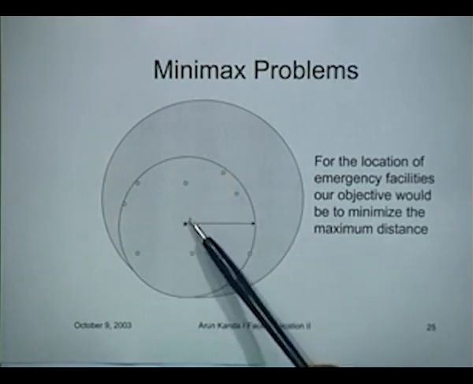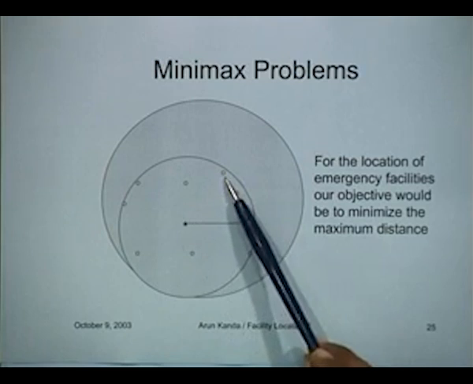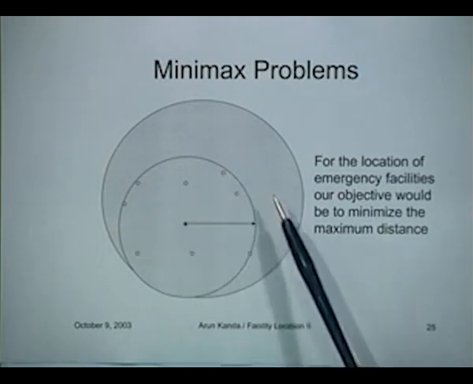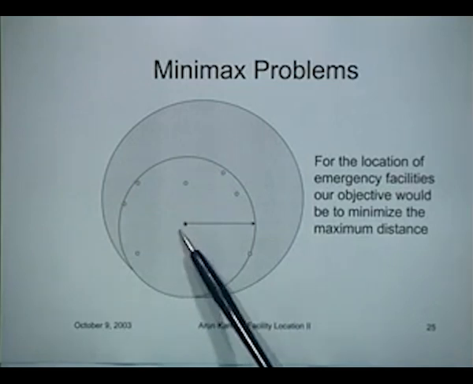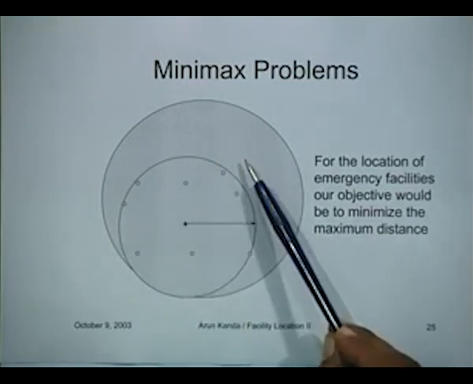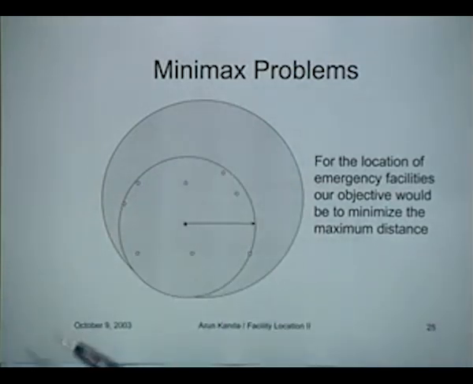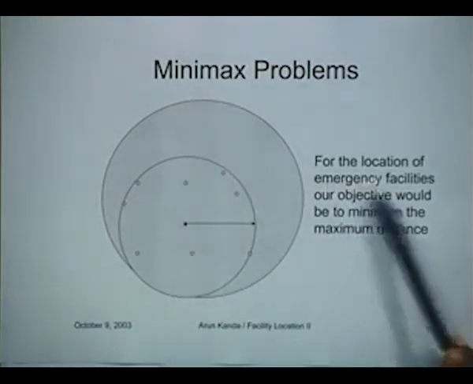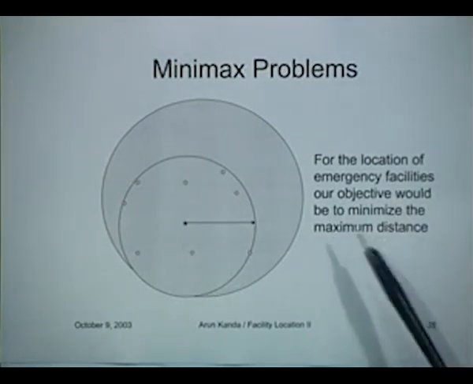So really speaking, the location of the fire station should be nearest to the farthest point, right. So you are trying to minimize the maximum distance from that particular node. In all emergency location, minimax problems are quite common. So for the location of emergency facilities, our objective would be to minimize the maximum distance.